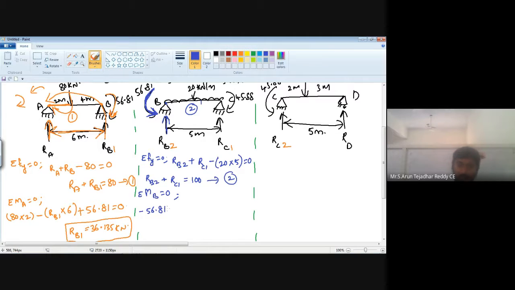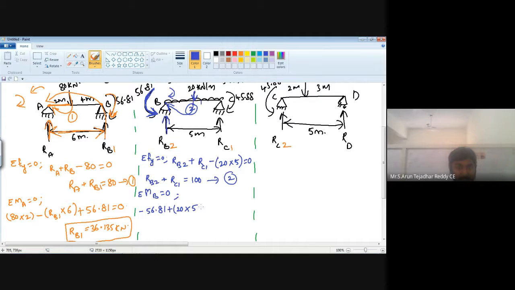56.81. Okay. Next, the 20 kilonewton per meter load is acting. How is it moving? It is moving in this direction, that is clockwise direction. So 20, and what about the distance here? 5 meter.